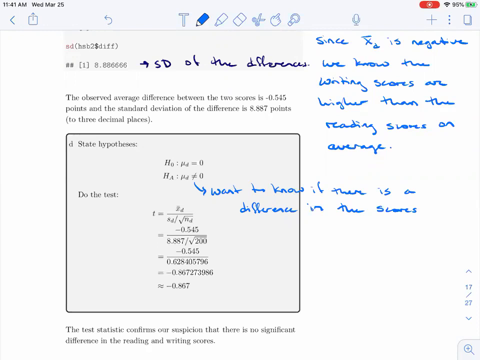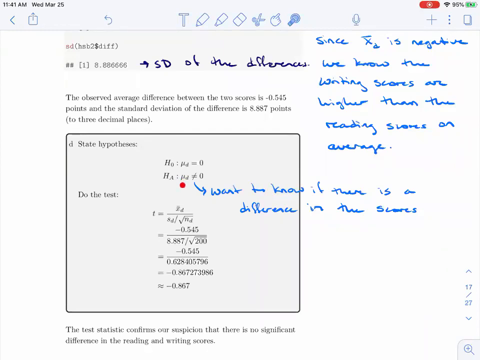So it gets kind of confusing here, right? Because we're talking about the mean difference being different from 0, and this difference is of course completely separate from the mean of the differences. So the words here can get a little bit jumbled, but you just have to stay on top of it, right?